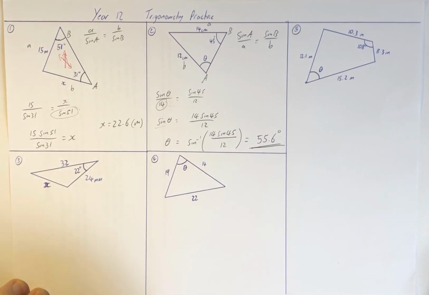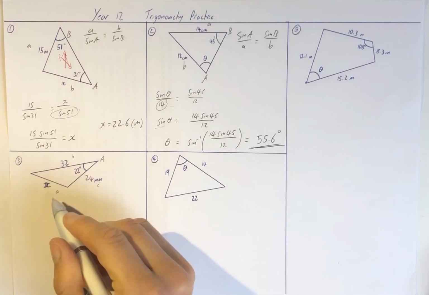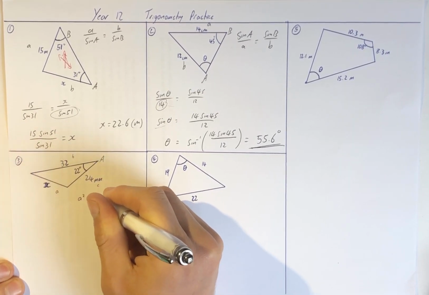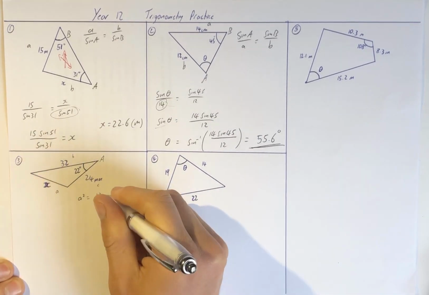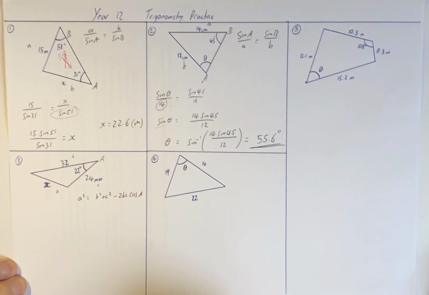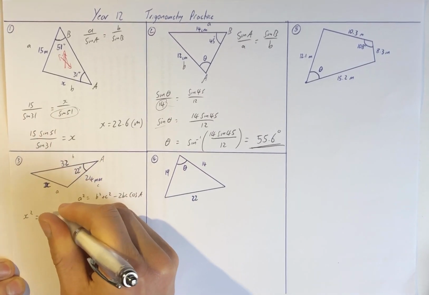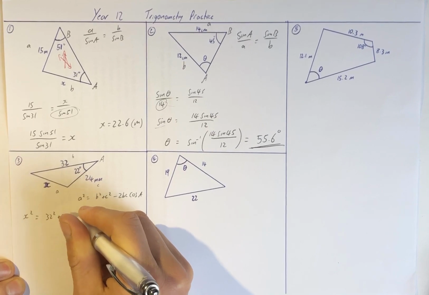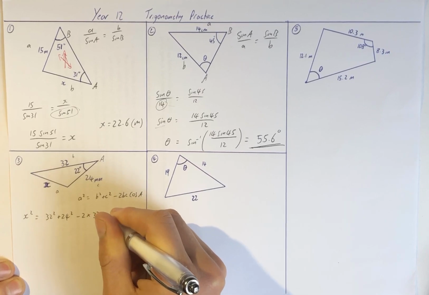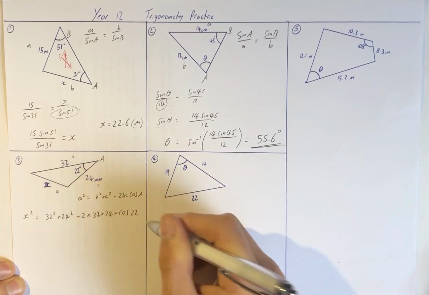So if this is A, B, C, and that's going to be capital A because we always label with opposites, then finding a side comes out to be a squared is b squared plus c squared minus 2bc cosine A. So x squared is 32 squared plus 24 squared, take away 2 times 32 times 24 times cosine 22 degrees.